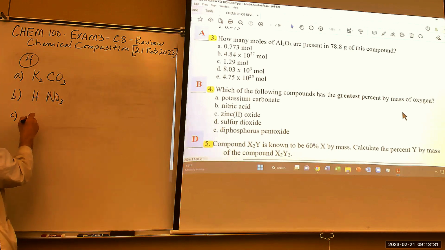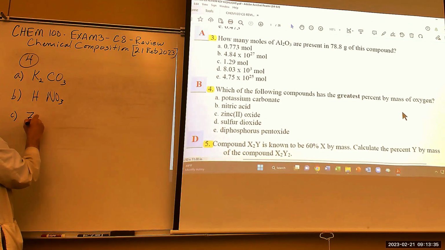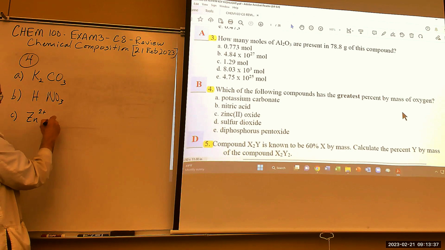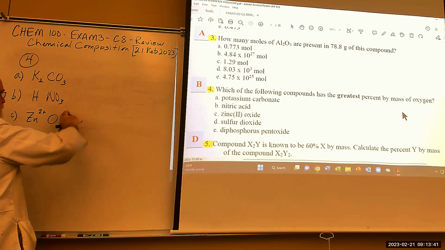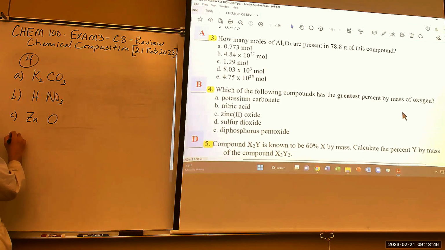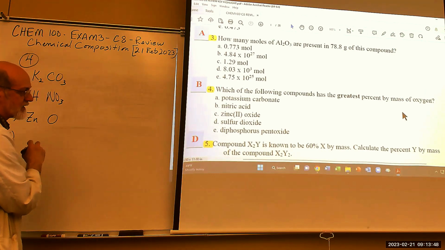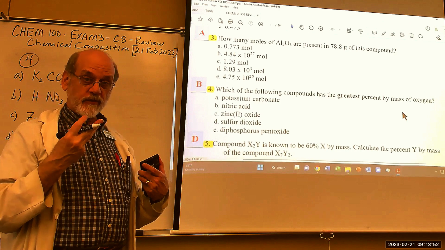C, zinc 2 oxide. This is a type 2 compound. So zinc with a 2+ charge is with oxygen with the 2- charge. That's it. We only need 1 of each. And D is sulfur dioxide. Right? What type of compound is that? It's a type 3.